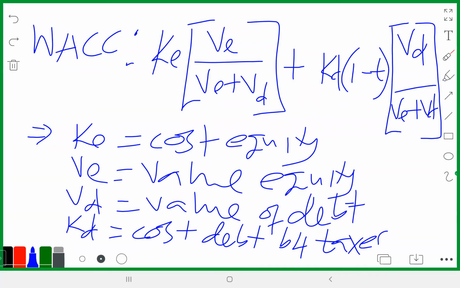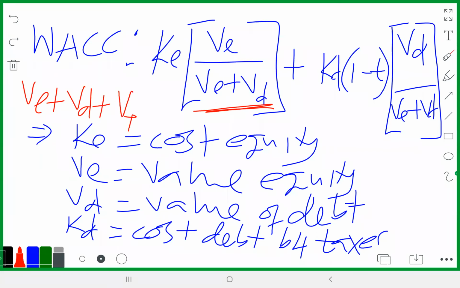This is the simplest version of WACC. It is the version that does not have preference shares. If you introduce preference shares, we just add to the denominator: VE plus VD plus VP, where VE is the value of equity, VD is the value of debt, and VP is the value of preference shares.